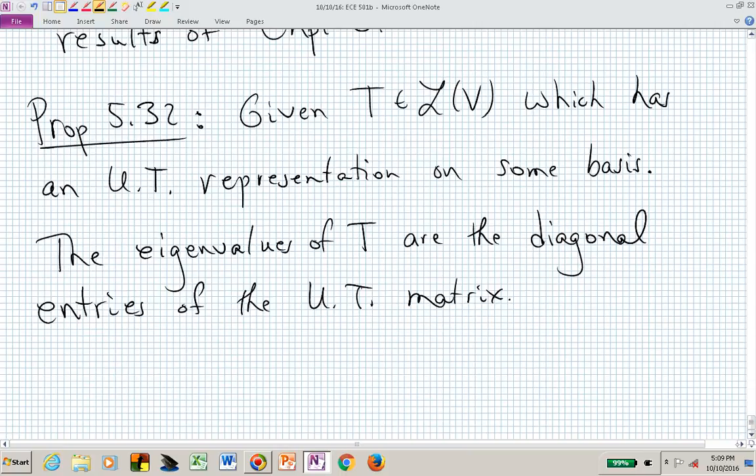But right now we haven't said anything about invertibility. We're just saying we could have zero eigenvalues. They're just on the diagonal. Given T, which has an upper triangular representation on some basis, the eigenvalues of T are on the diagonal of that upper triangular matrix.